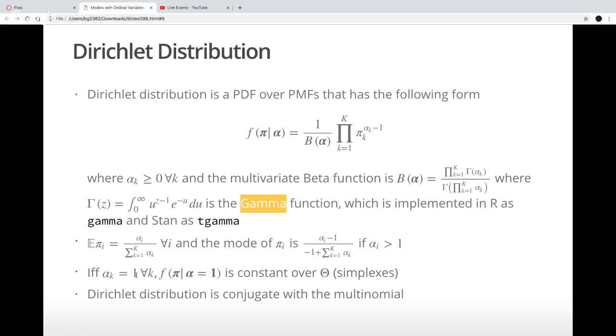So you can do conjugacy stuff in very simple situations, but if you start to do something more complicated, like put a hierarchical structure on the alphas or any of the things that we're going to do today, then you pretty much have to use Stan rather than being able to do analytical calculations to get the whole posterior distribution. Anyway, we'll be using this as a prior on various parameters today.